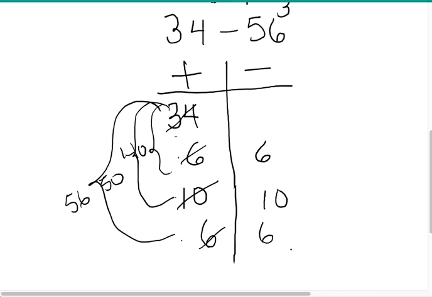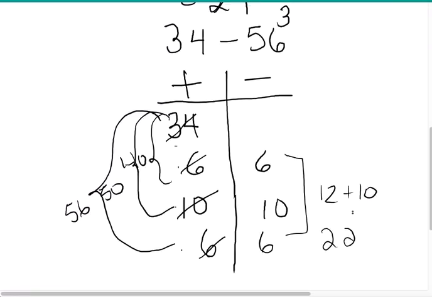And on this side, I'm left with, students can do the math, 22 negatives. So therefore, my answer is negative 22. This method helps students keep track of the negatives. Let's try an even larger number.